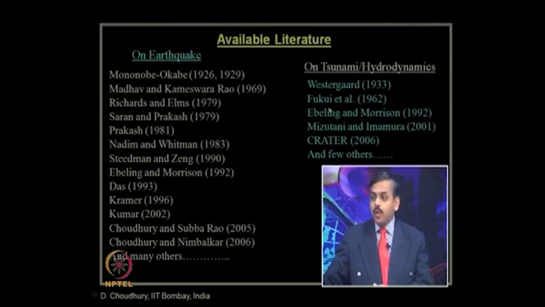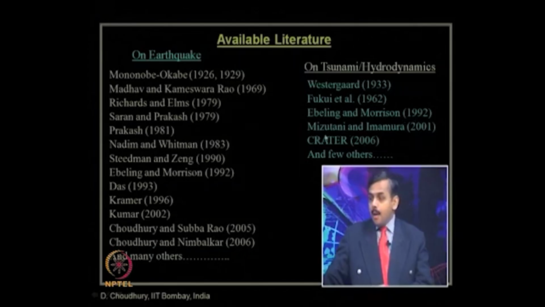Later on, Fukui et al. in 1962 designed the retaining wall or sea wall with respect to tsunami wave pressure. Then Ebeling and Morrison in 1992 designed the retaining wall to withstand the tsunami, and that is the approach used by the US Army Corps of Engineers so far for the design of waterfront retaining walls.